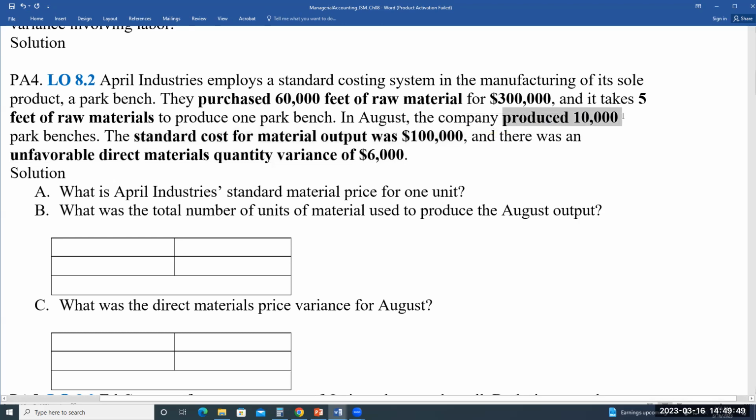They made 10,000 units, so that's $10 per unit. But it takes 5 feet of raw materials, so that means it's $2 per foot of materials. Right? Because 10 divided by the 5 feet equals 2. So that is the right answer. And actually, I think I will change the wording on that question because I see why that would confuse people.